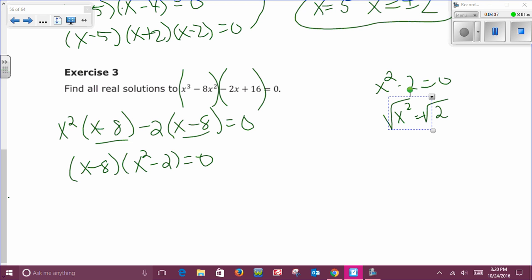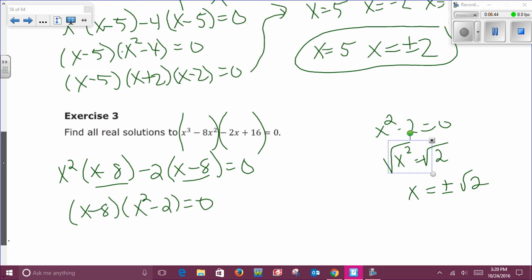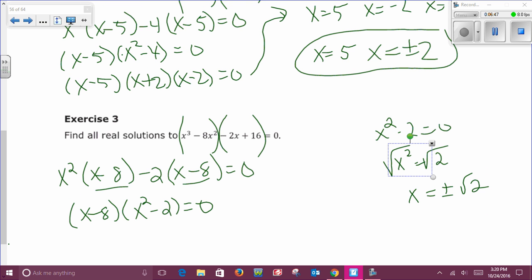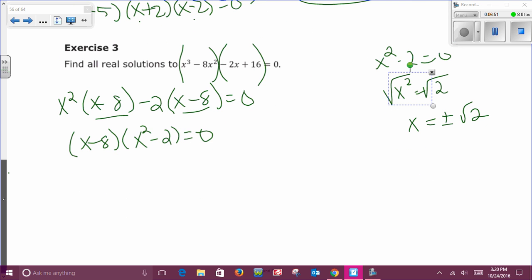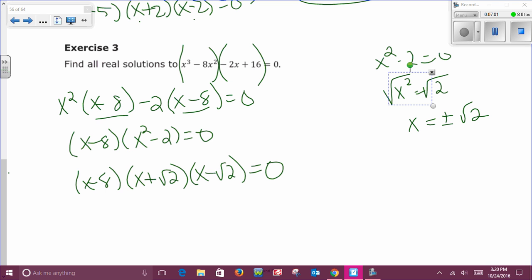If I were to take the square root of both sides, I'd have x equals plus or minus radical 2. Well, that's exactly what I had up here in this one. I have x equals plus or minus 2, not radical 2, but 2. And I had 1 plus, 1 minus, 1 was a 2, 1 was a negative 2. So I can actually break this down into x plus radical 2, x minus radical 2, because I'm treating it as the difference of 2 perfect squares, which is what we did right there when we were solving.